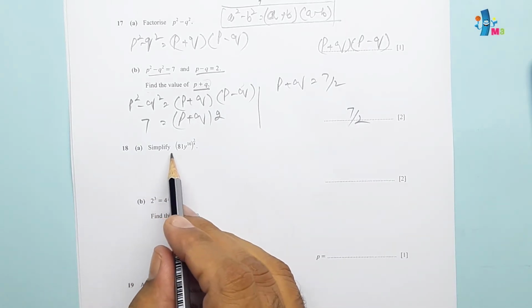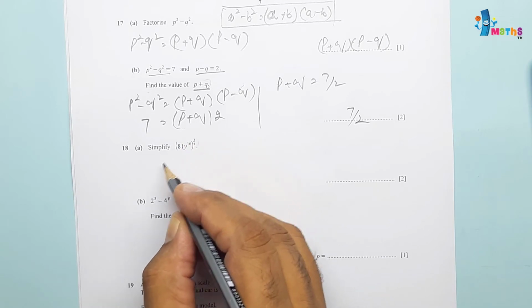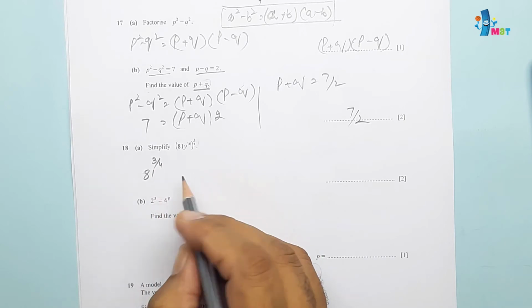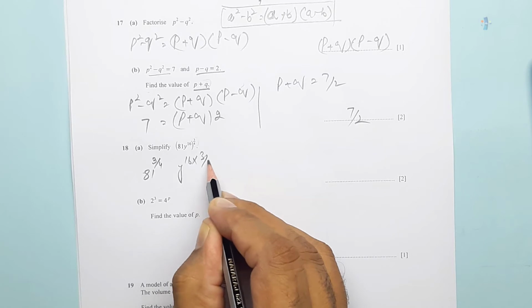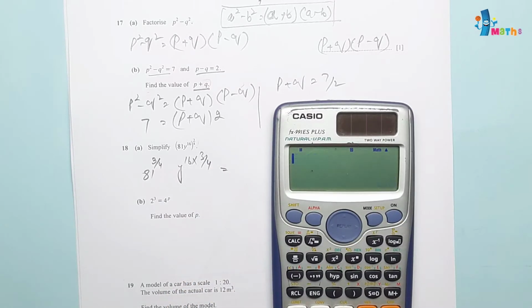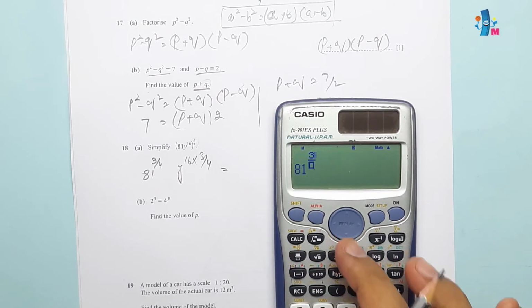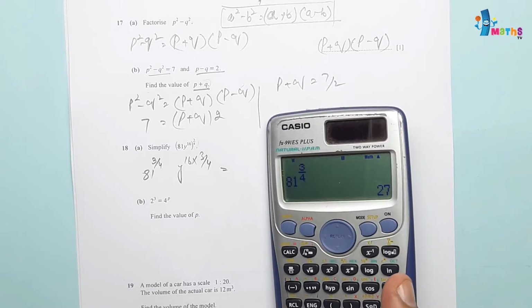Question number 18, simplify this. We have to take the power of this one individually. 81 raised to power 3 by 4 and y raised to power 16 multiplied by 3 by 4. So this will be equal to 81 raised to the power 3 over 4, which is equal to 27.